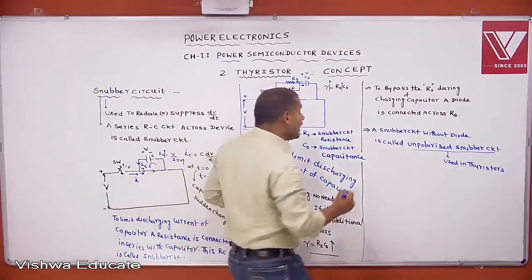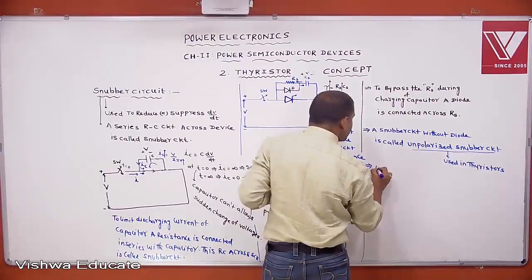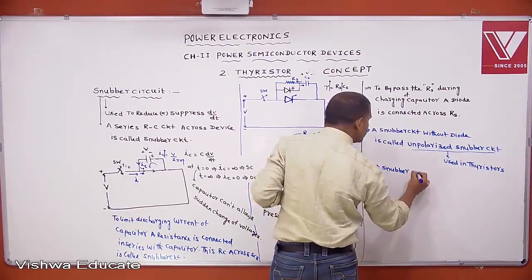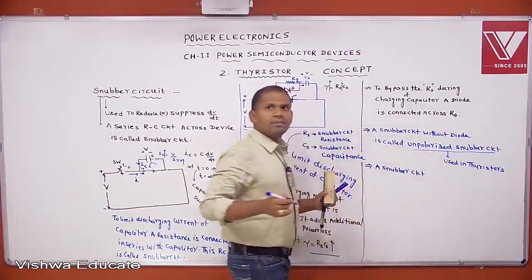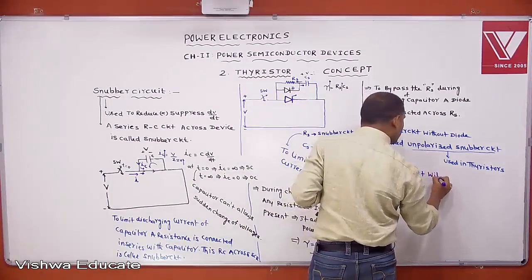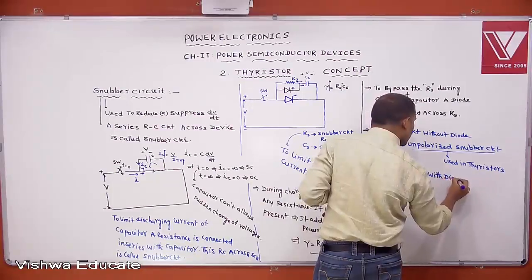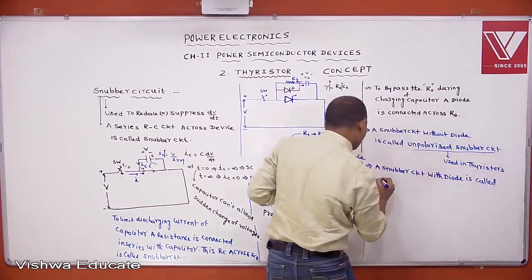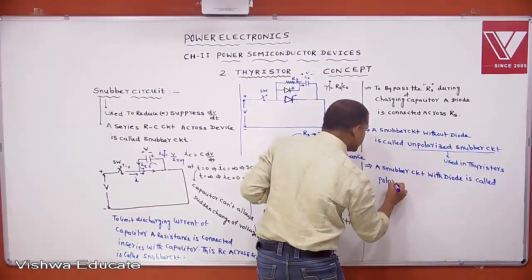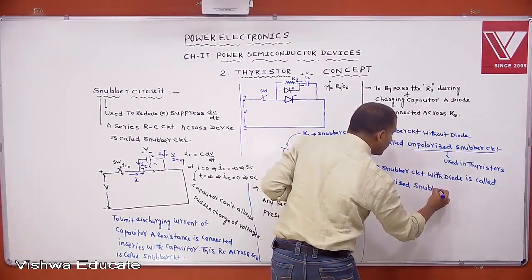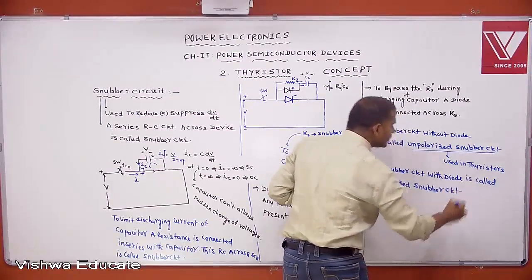A Snubber circuit with diode is called a polarized Snubber circuit.